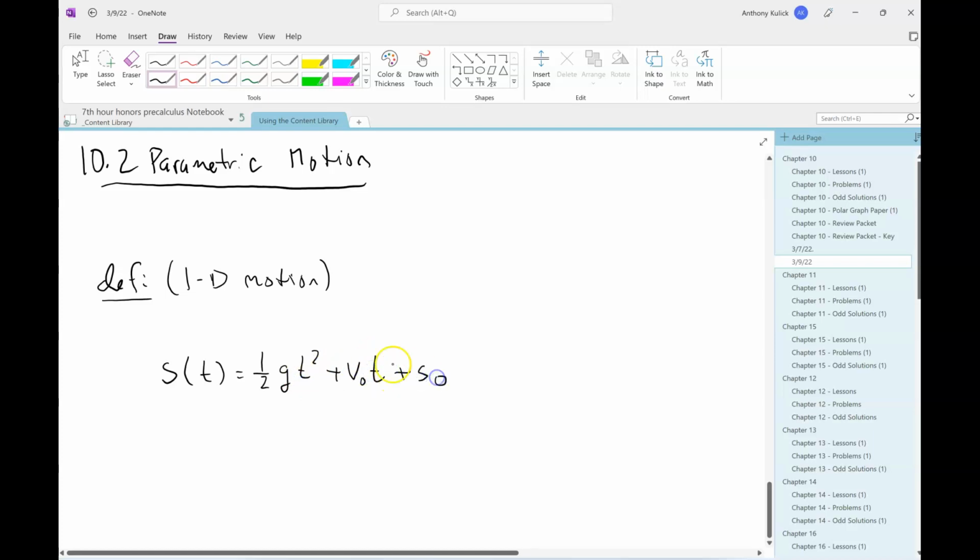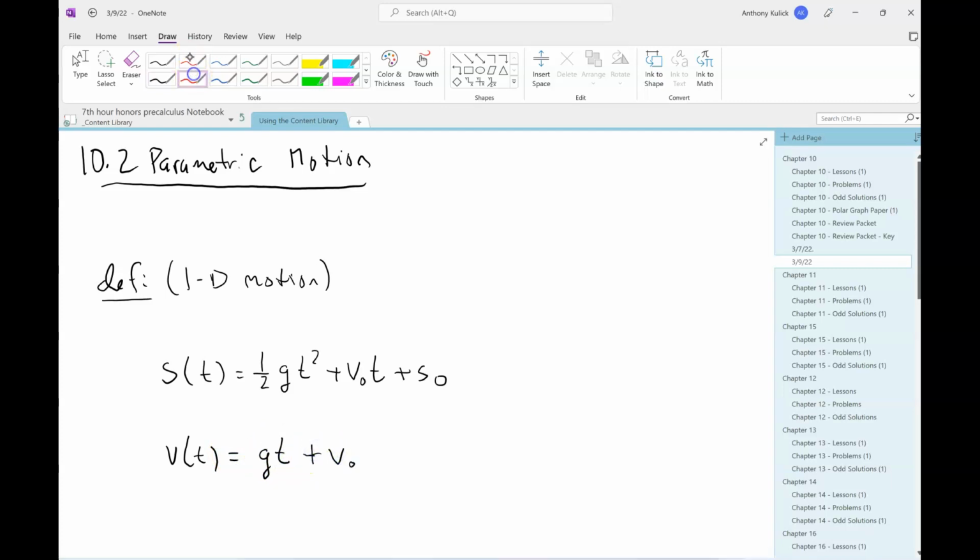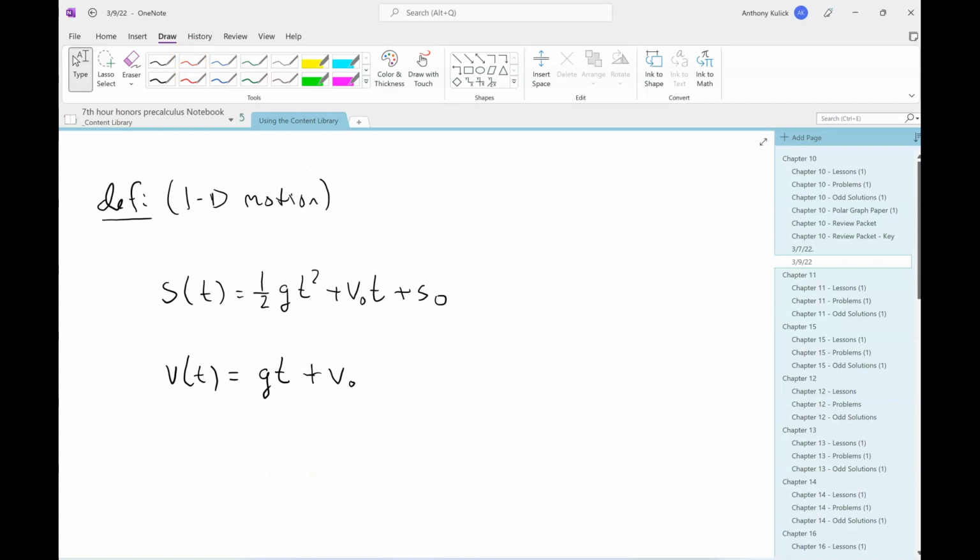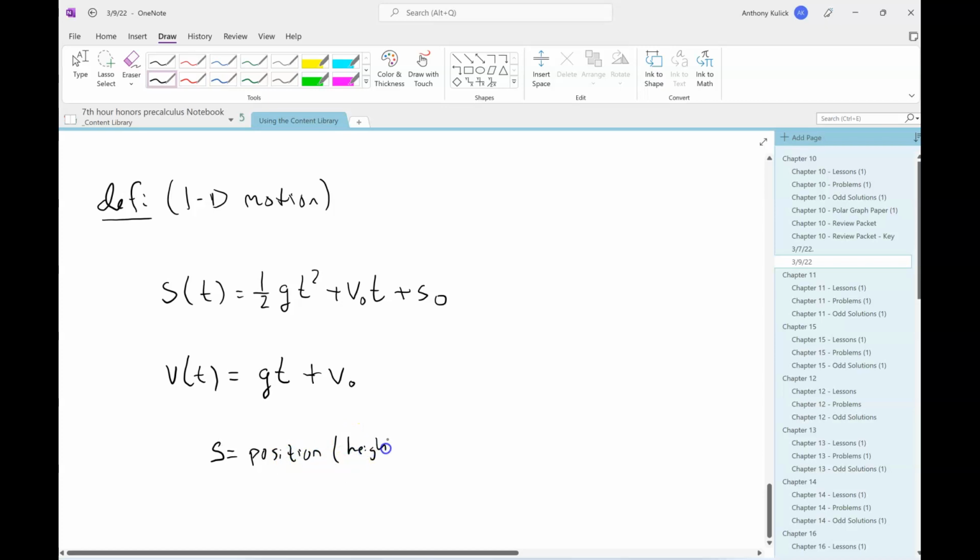So we have a position function and we have a velocity function. Again, for these letters, S is a position. In the case of one-dimensional, usually that means it's a height.